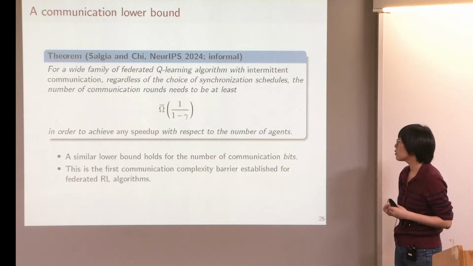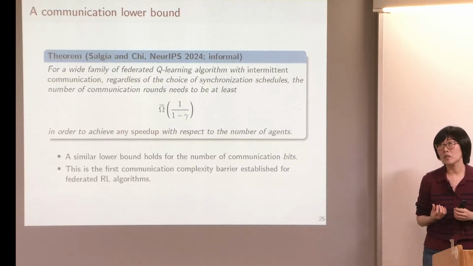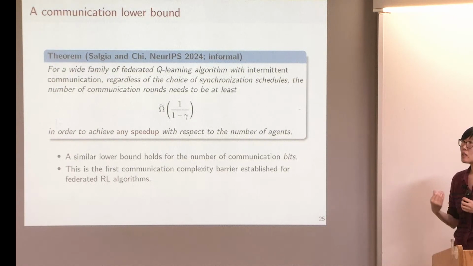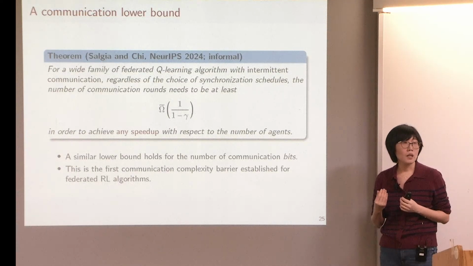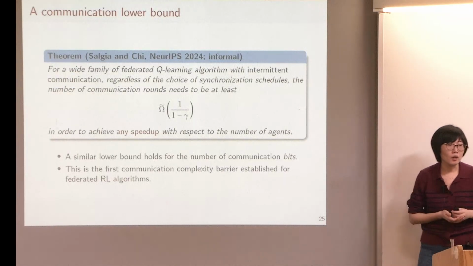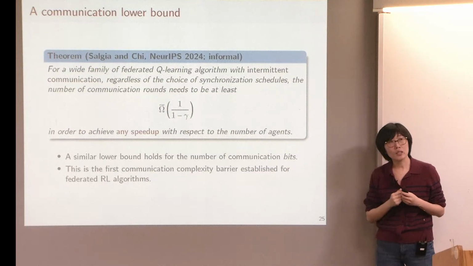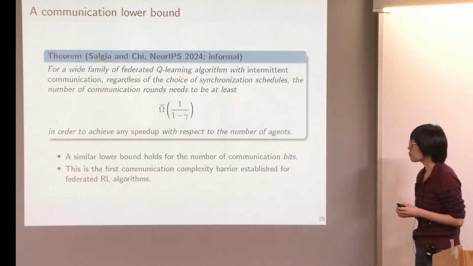In earlier work, when people looked at, for example, federated temporal difference learning algorithms, TD algorithms, because the policy evaluation operator is actually linear, there you can get a linear speedup even with a single shot of communication. But that's not the case here for the Q-learning setting because of the nonlinearity, and then we have the barrier introduced in this kind of long horizon problem.